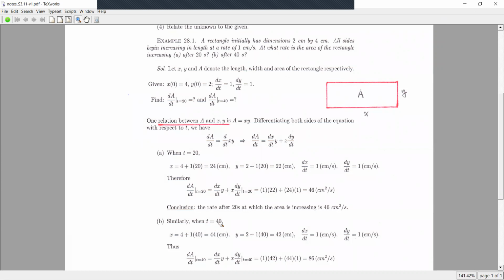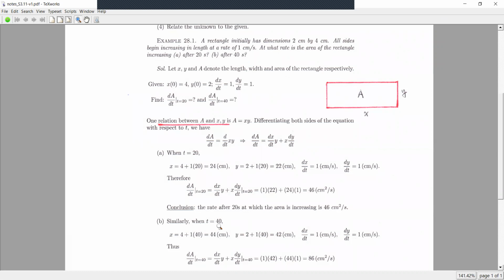When time is 40, the width is 2, the initial width, plus 1, the increasing speed of the width, times 40, which is 42 cm.